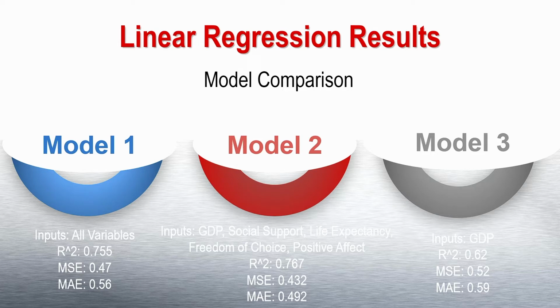So model 2 was a bit more focused on variables with correlations. We threw GDP, social support, life expectancy, freedom of choice, and positive affect into our model, and we improved our R squared score and lowered our error score. That's great. Model 2 is actually the best model here, because if you look at model 3, the only thing we fed was GDP, which was our independent variable with the highest correlation to life ladder, and we got comparatively not so good scores.